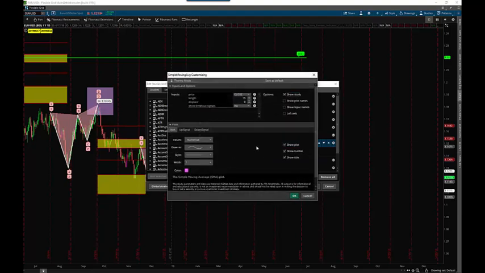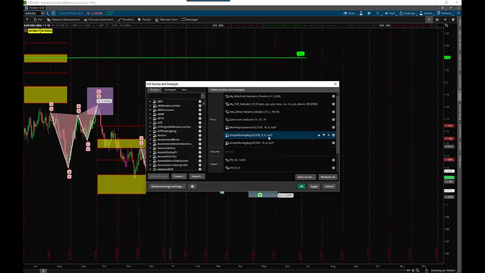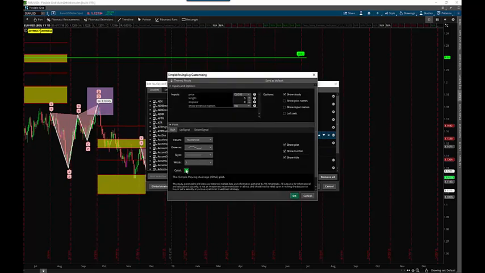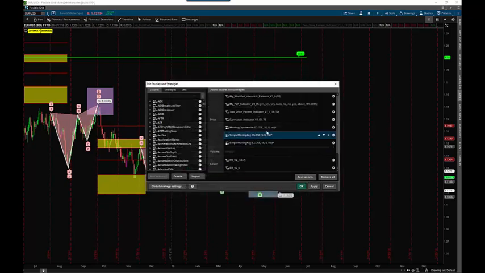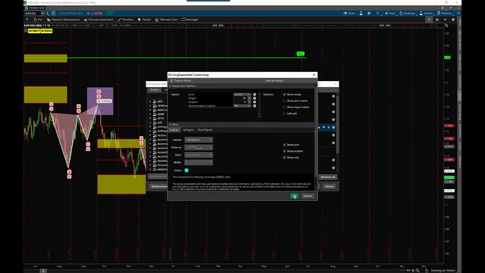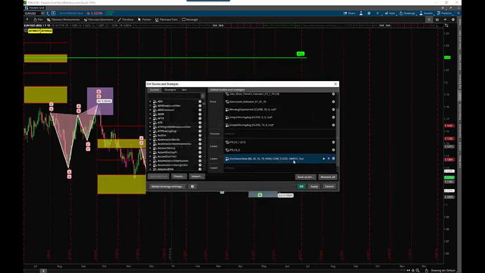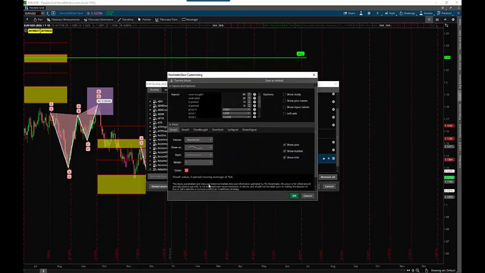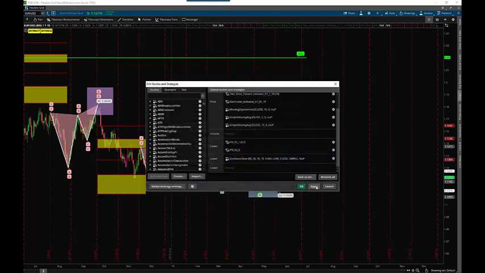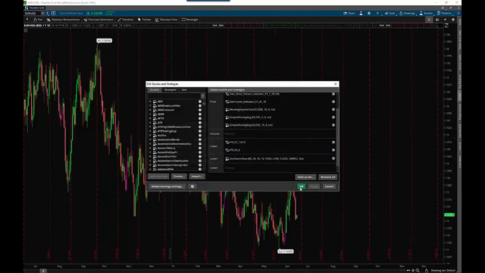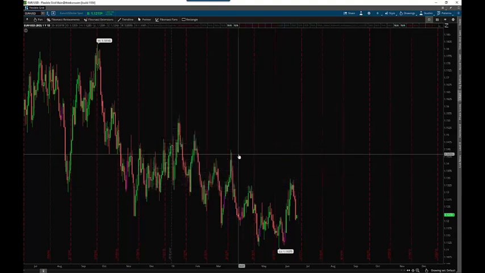So let's add those and enable them, and give them different colors. Then let's add the slow stochastic, and give it different colors too so we can distinguish. Okay, let's apply it and see what they come up with.